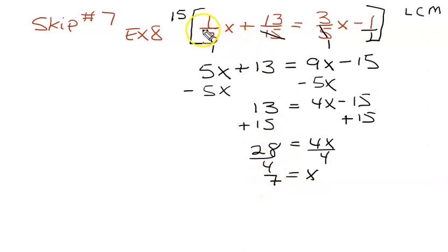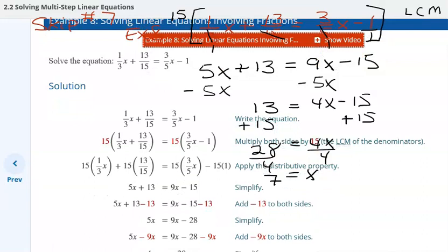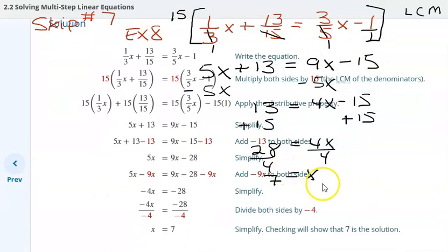Again, I had a rather difficult example, but by getting rid of the fractions, which is step 1, general form of solving an equation. And let's check it out. And if I bring this up a little bit here, we see our x equals 7, and they've done a similar protocol.